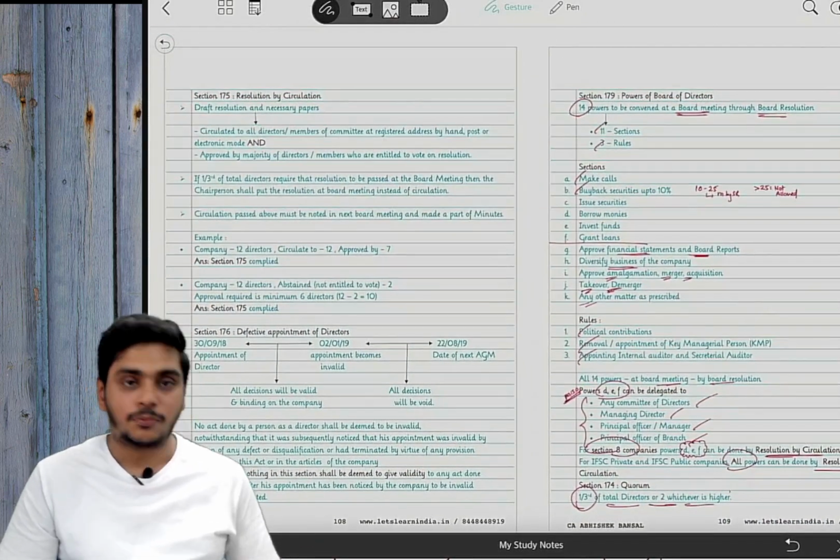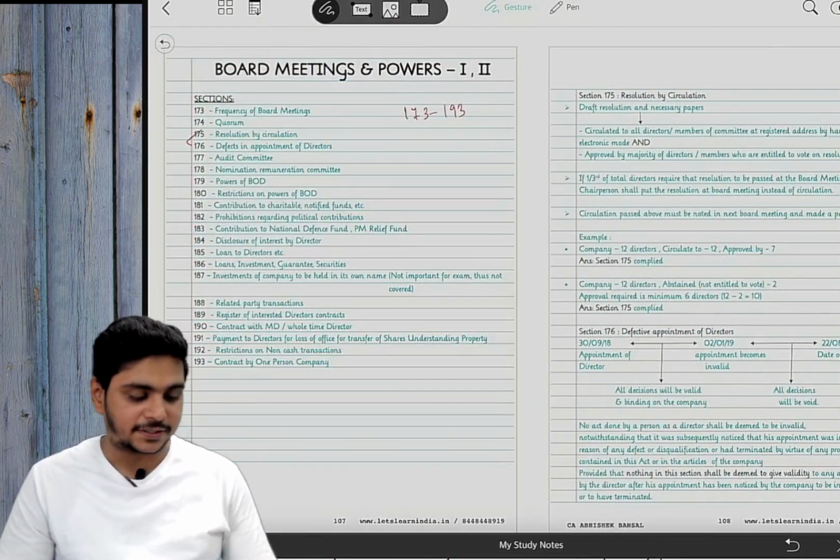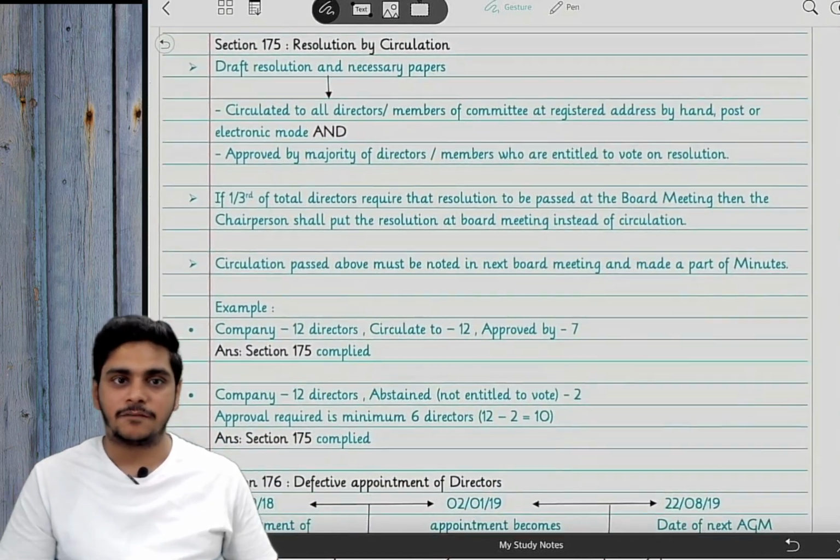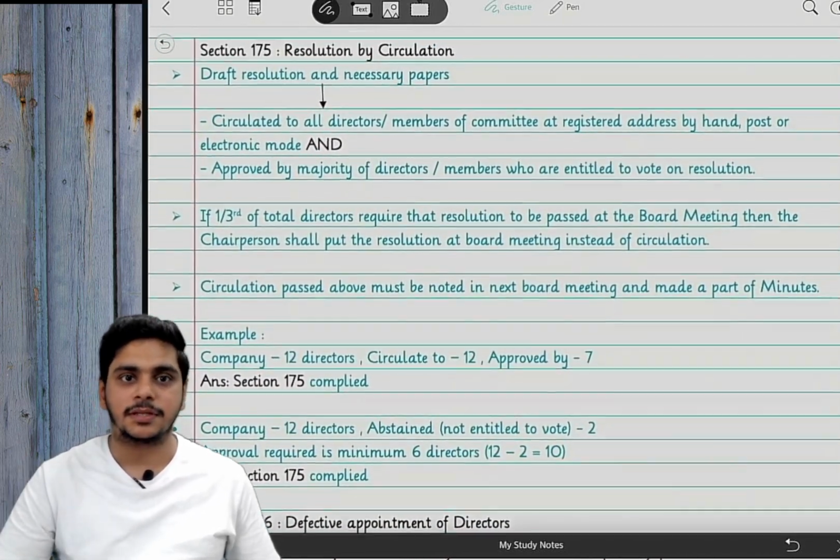176, okay. Now what will you do? You will read 175 and 176 from the screen. People who have the book can read it from the book or else read from the screen. I'm here only.